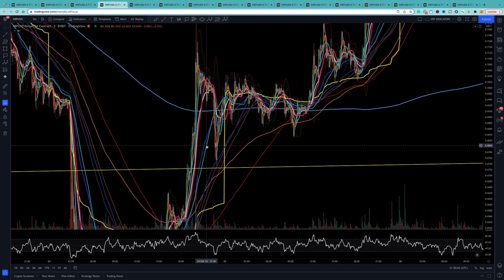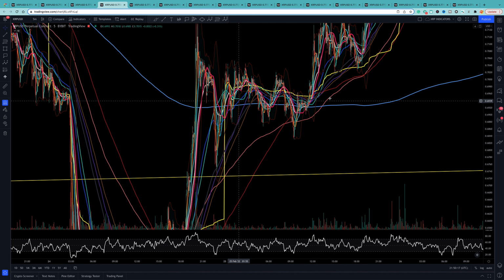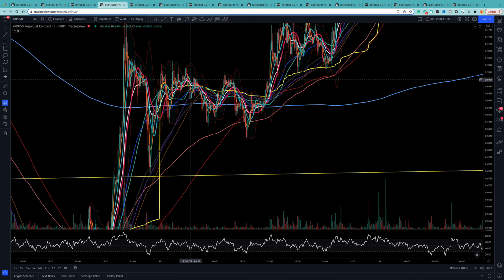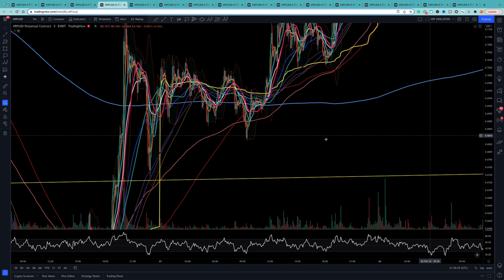The 5 and 10, there's the 20, here's the 50, the 100 and the 144, here's the 200. You can see it was the 200 coming in here that was the lift. The bounce off the 800, the 200 came up, and that was the push. So the rest of them were all consolidating, waiting for the 200 to come up and give it that lift.